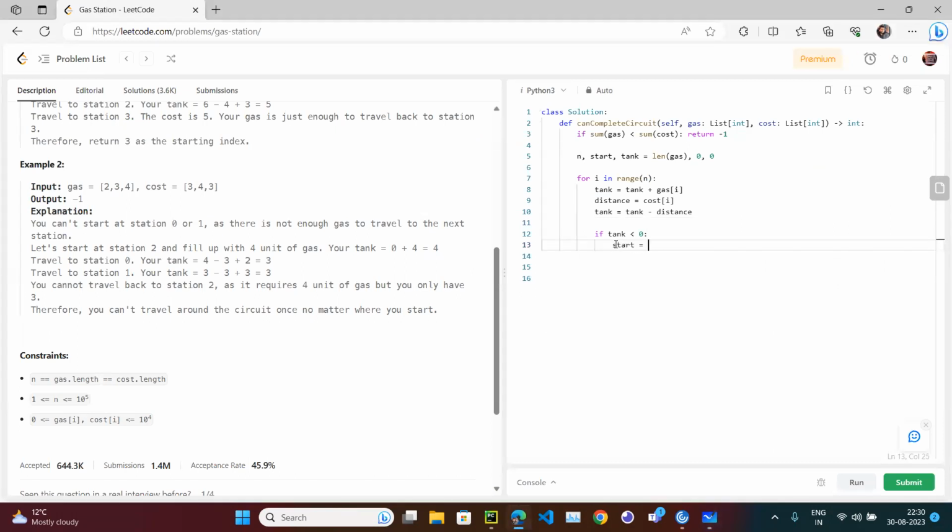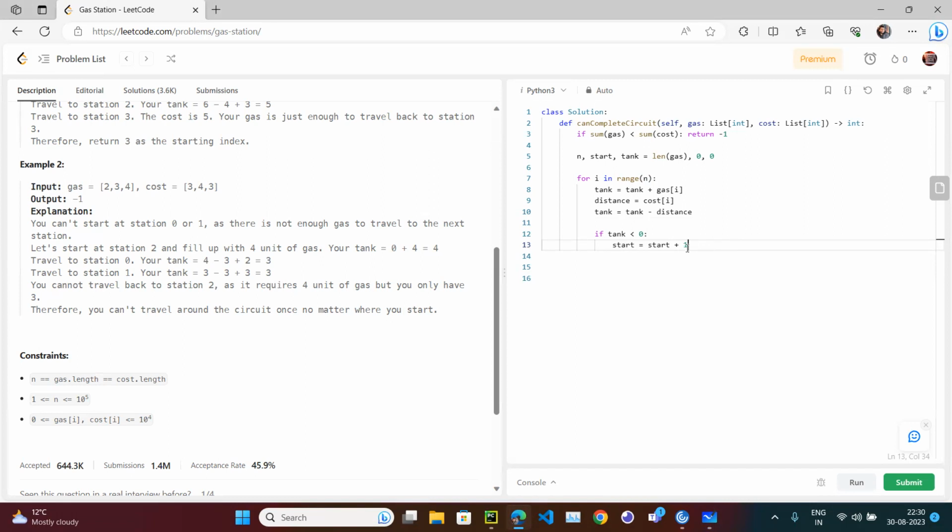So starting point could be I plus 1. Starting point could be the next index, so start plus 1 or something like that. So it's 0, and the starting point could be the next value, start plus 1.